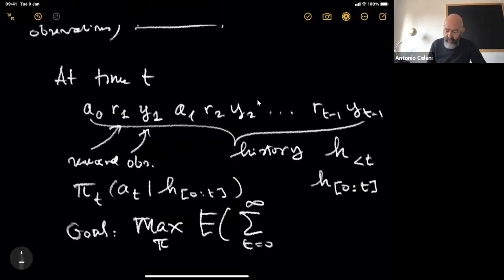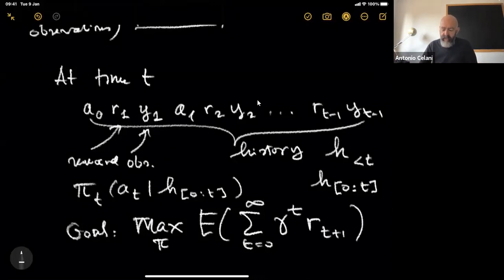This is one of the possible goals. Here I'm putting all the randomness that I can add, so random rewards. So this is the general task, which is extremely complex in itself, right?